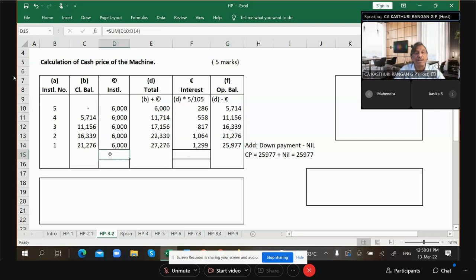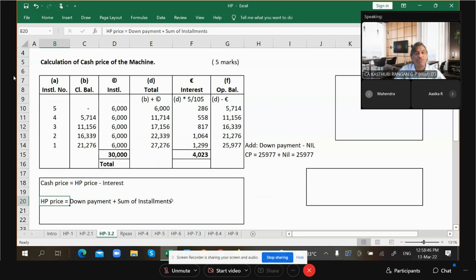Or what you can do is find the total of interest, total of HP price. What is HP price? Down payment plus sum of all installments. HP price is the total of down payment plus sum of all installments, correct? Sum of all installments is 30,000, down payment nil. Therefore, what is HP price?